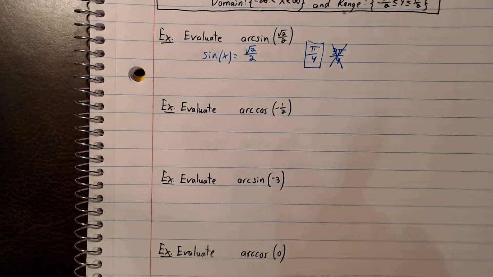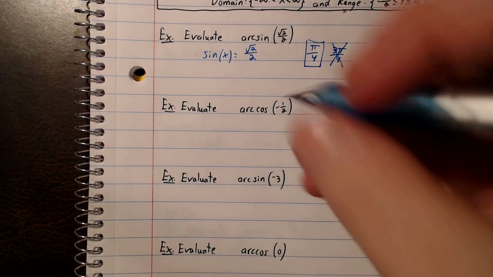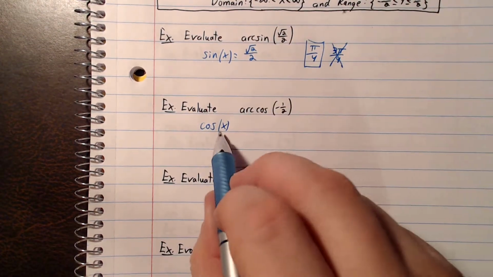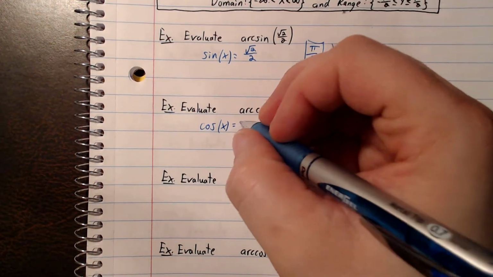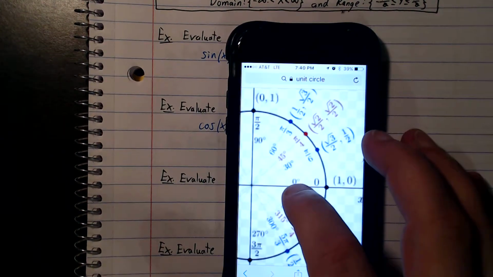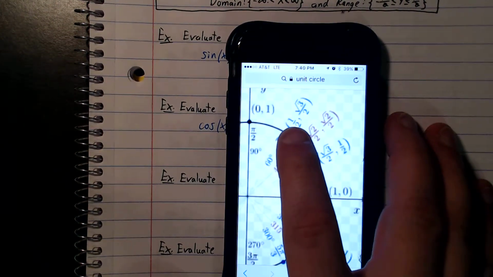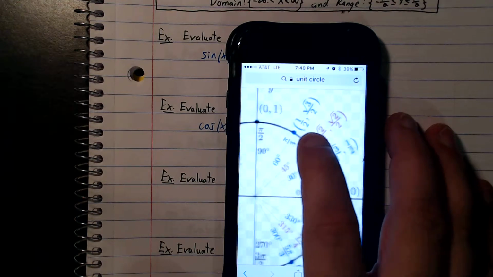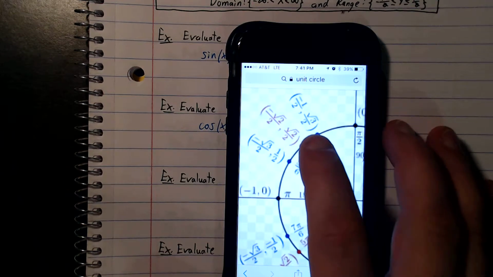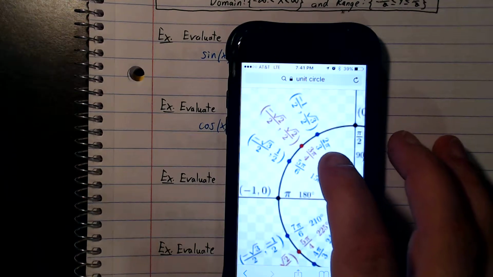Let's check out another one. Arc cosine of negative 1/2. So I'm going to be looking for when cosine, an x coordinate, is negative 1/2. So we look at our unit circle. We're looking for when x is negative 1/2. That happened at 2 pi over 3.